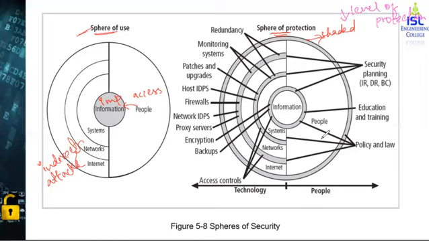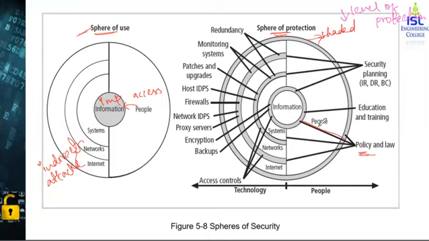Now, if we take an example, the layer labeled policy and law is placed between the information and the people. This shaded area is between the information and the people.